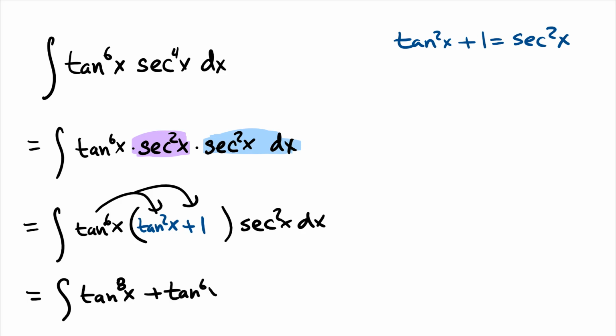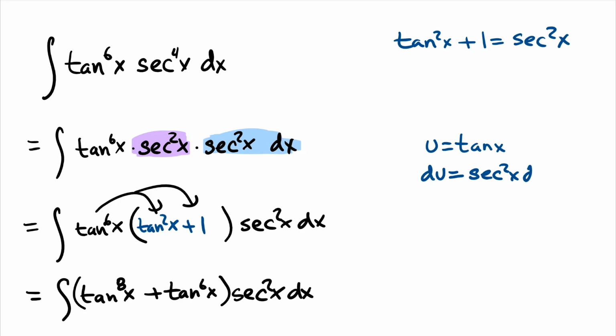And then tangent to the 6th times secant squared of x dx. There it is. Now we can use a u sub for tangent. We can say u is equal to tangent of x. du is equal to secant squared of x dx. Hey, we are ready to rock.